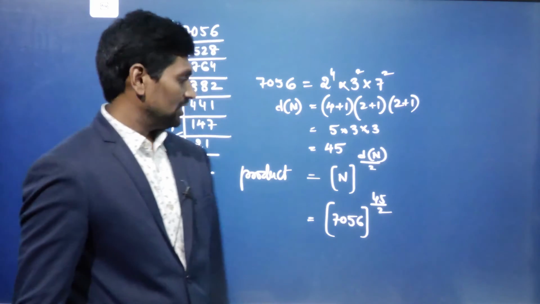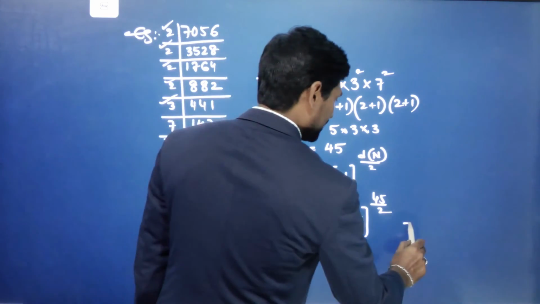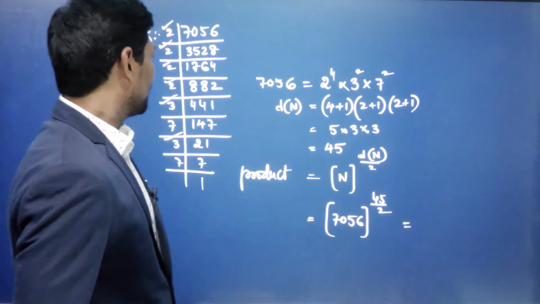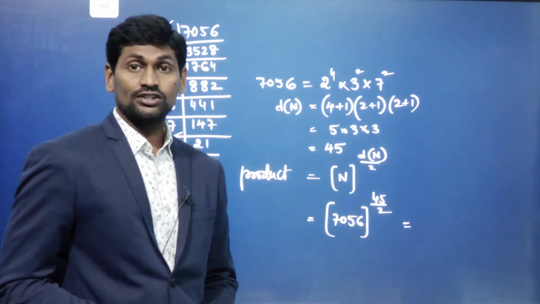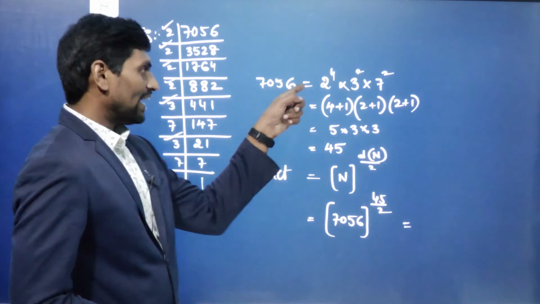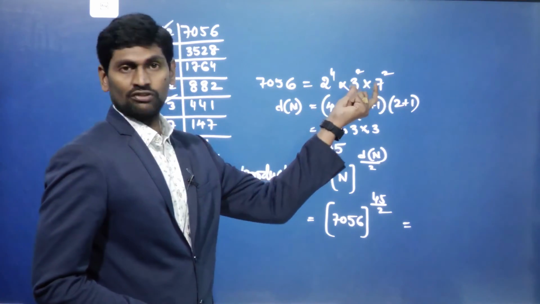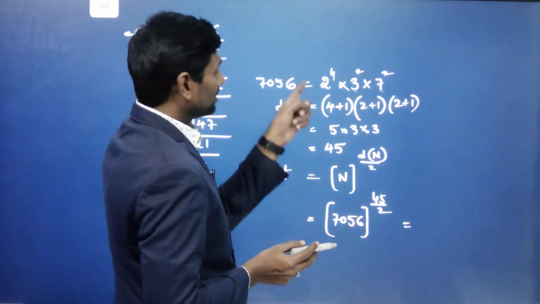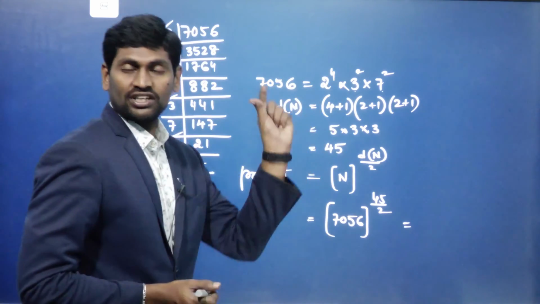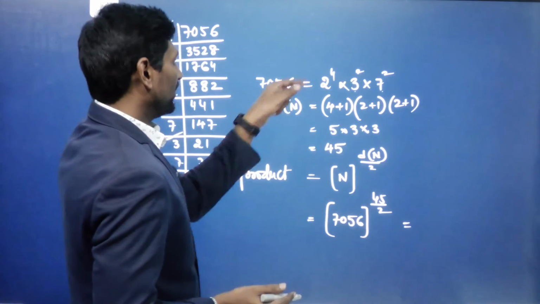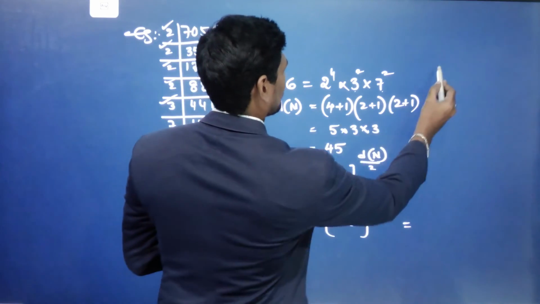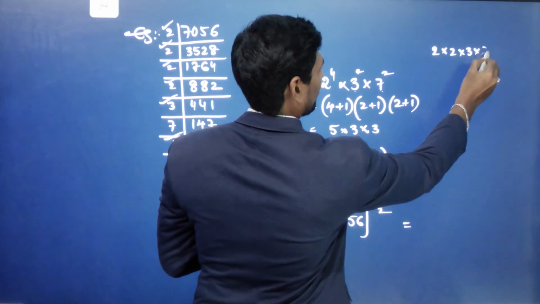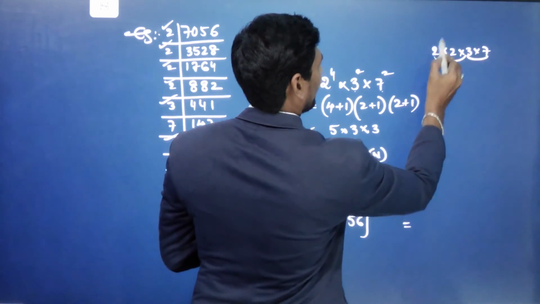But here you should identify that 7056 is also a square number. We can identify it by its exponential form. Here 7 is present 2 times, 3 is 2 times, 2 is 4 times. That means it is a square number. How can you find the root? 2 into 2 into 3 into 7, that is 21, 42, 84.